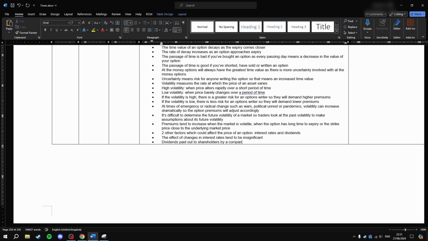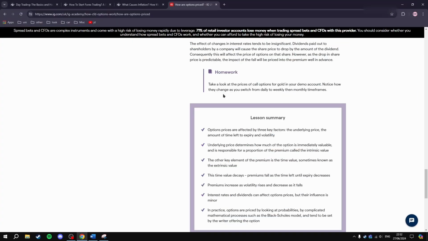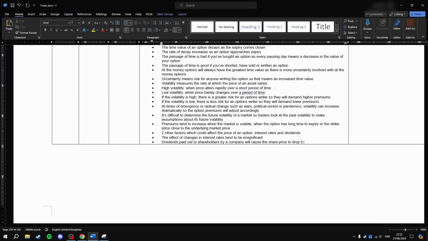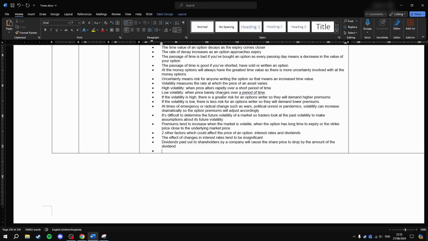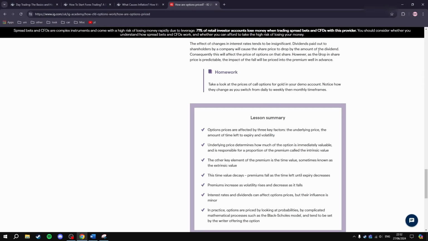Consequently, this will affect the price of options in that share. However, as the drop in share price is predictable... Does that mean the option price is going to go up or down?